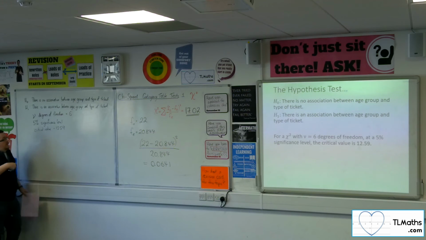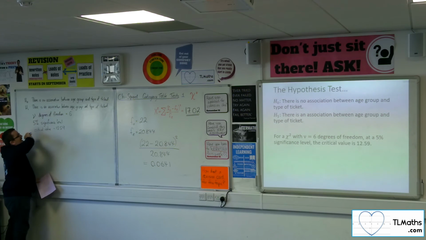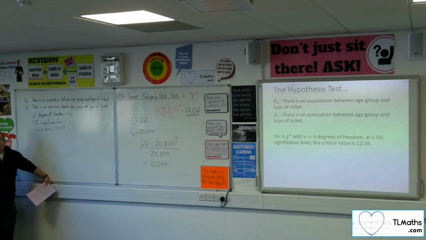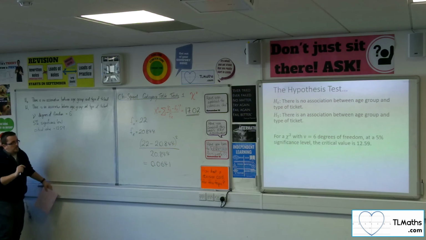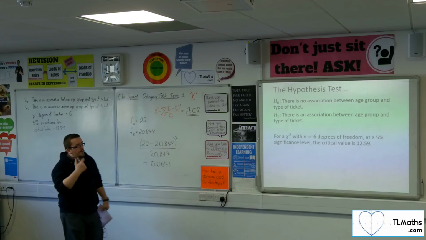Don't think that because there is an association that makes it two-tail and then you start halving the significance level. For the Chi-Squared, that is not the case. We don't look at the two tails for this. So don't start getting confused on that part.